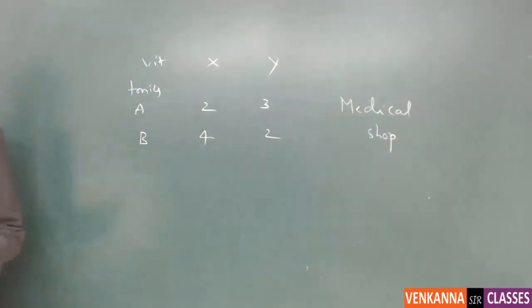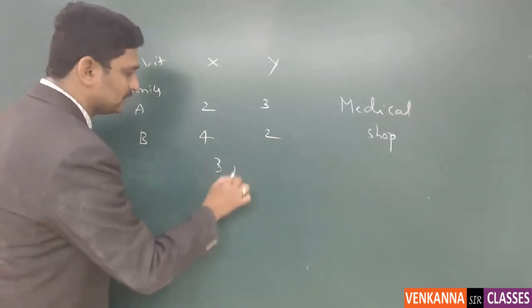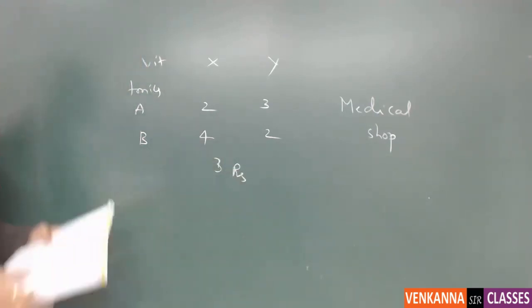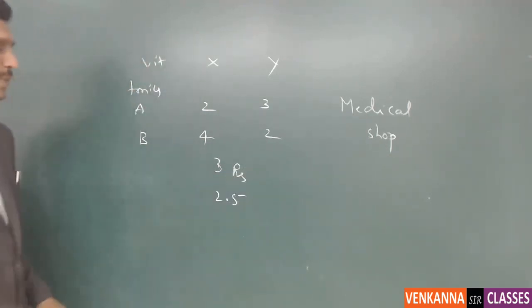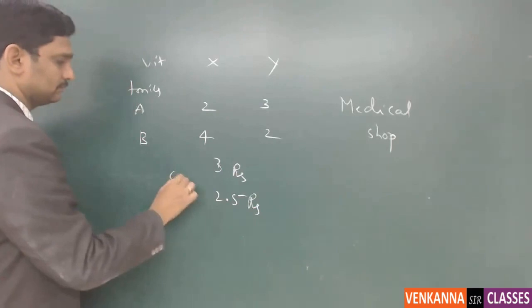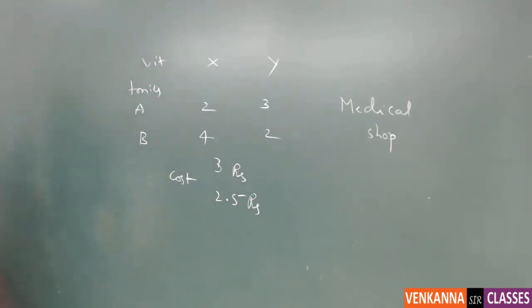Now, I am the shop owner. I am going to sell the tonics to the patients. The cost of tonic A is 3 rupees and the cost of tonic B is 2.5 rupees. This is the real-time situation. Are you getting the concept or not?